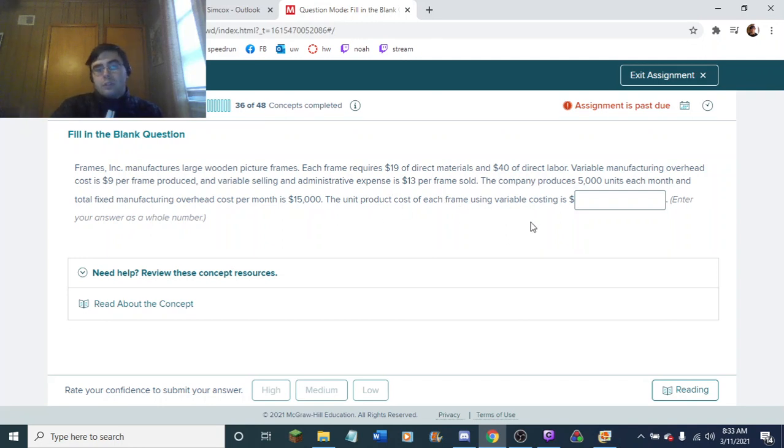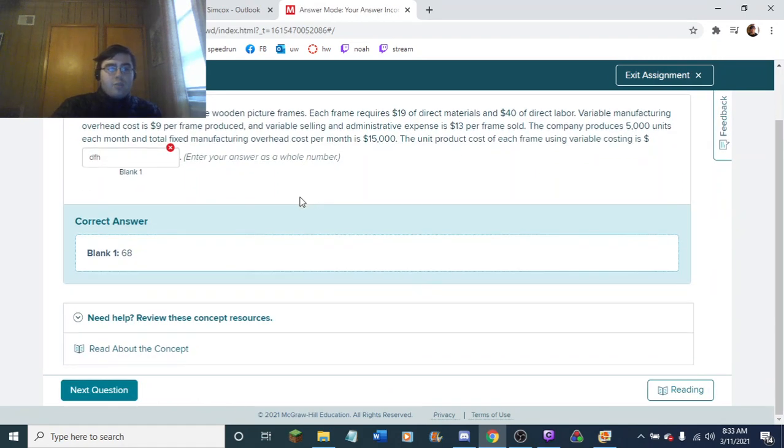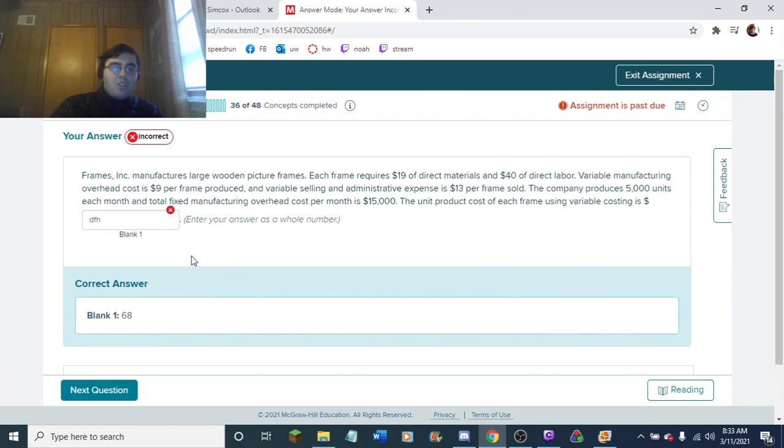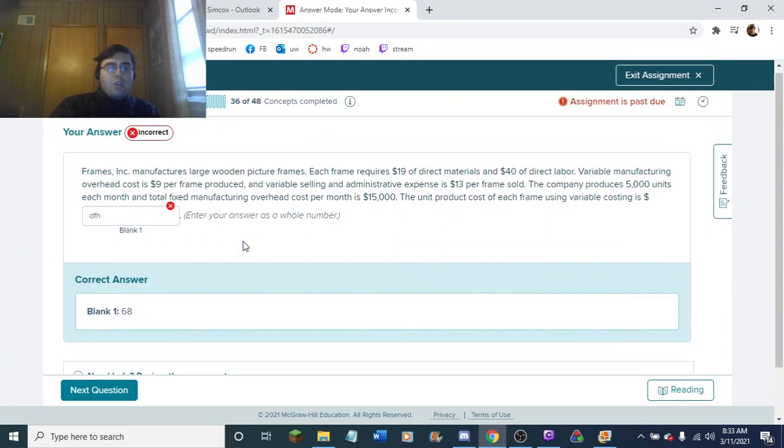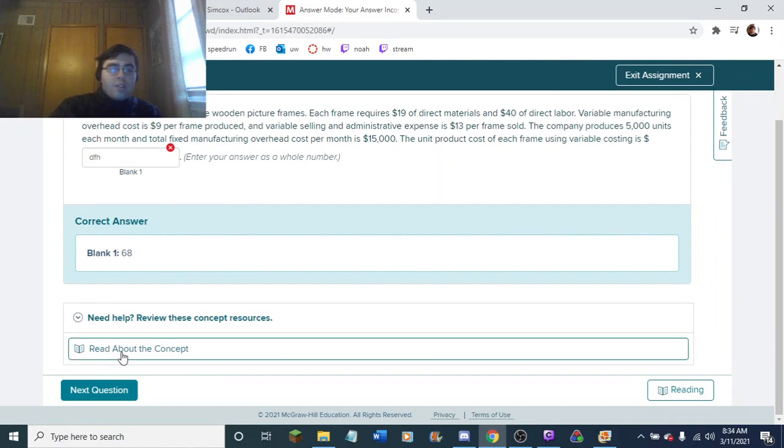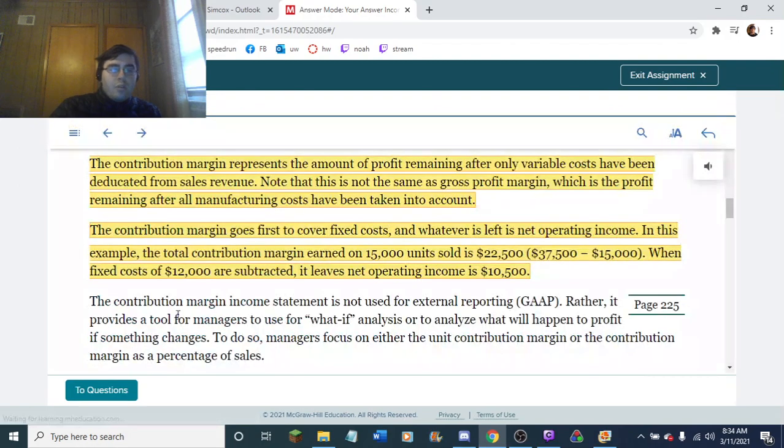Oh. I forgot how to do it. I think the other one was using absorption costing, and this one's using variable costing. So this... Oh, you have got to be joking me. What? They don't give the explanation. They don't give the explanation. What? Are you kidding me? No.